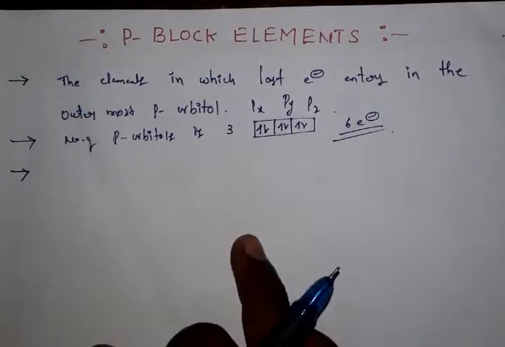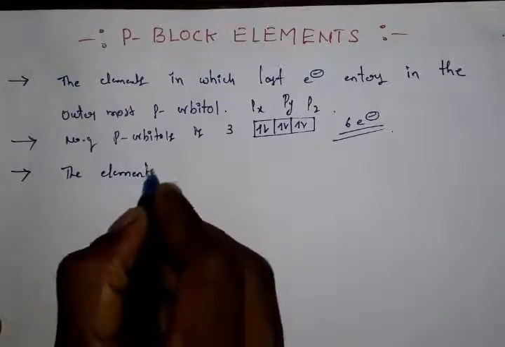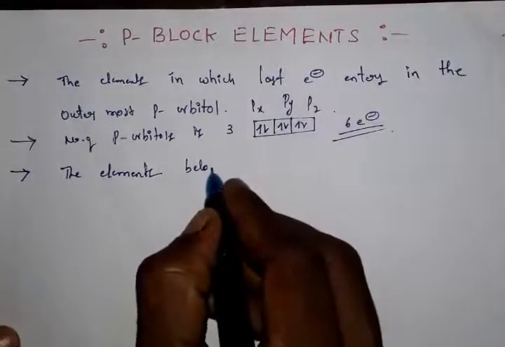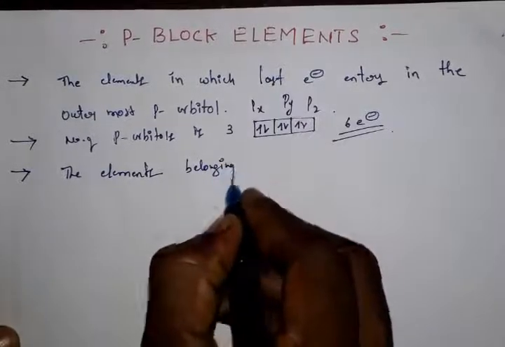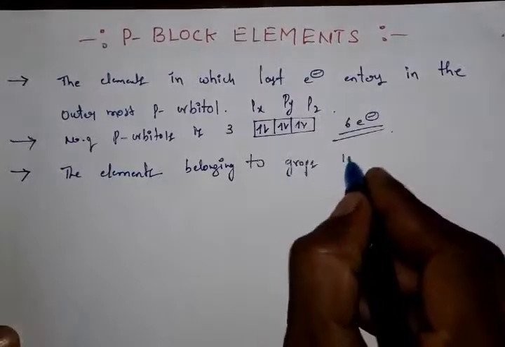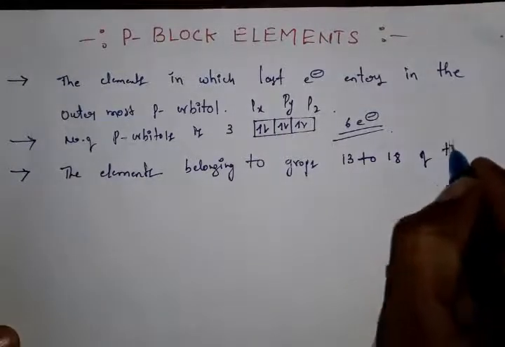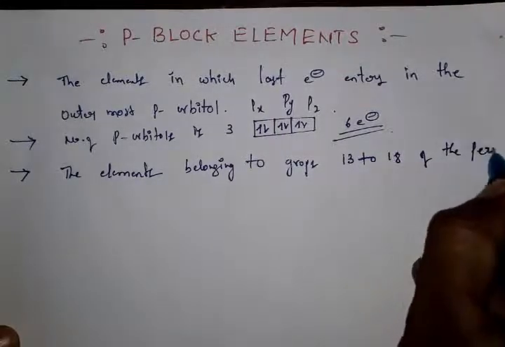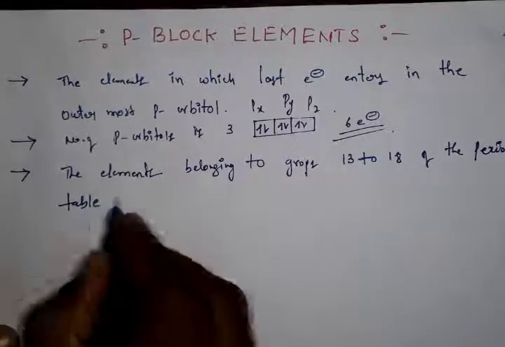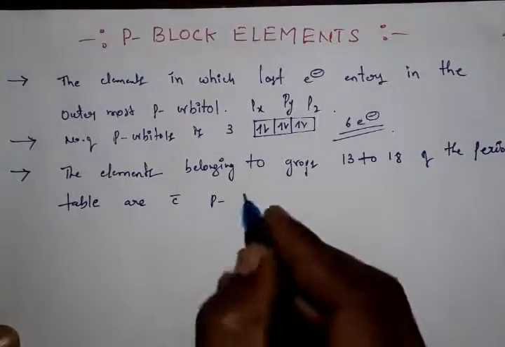Next, the elements belonging to groups 13 to 18 of the periodic table are called P block elements.